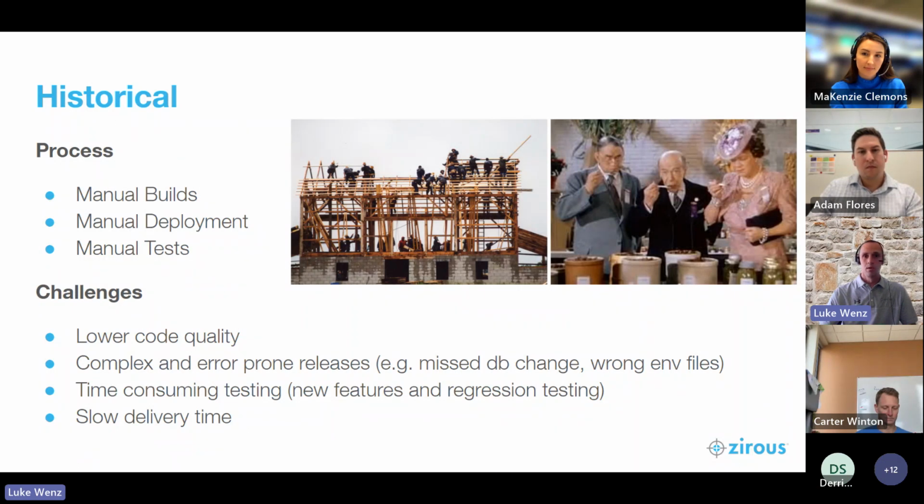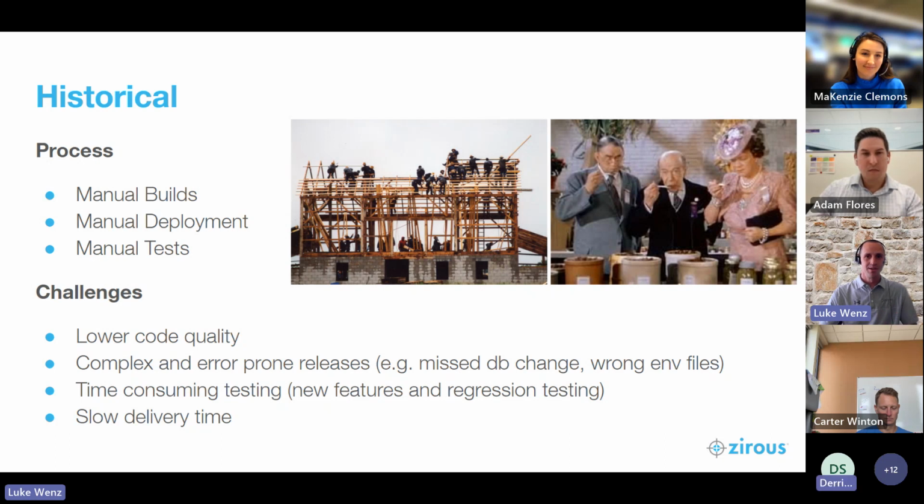Some of the challenges that this historical approach presents is you have lower code quality, just as not having all those tests automated. You also have more complex and error-prone releases. I'm guessing everyone here has probably been involved in some deployment where you get everything out, things are looking pretty good, and they're like, oh, we forgot to add that column or change that column length in the database.